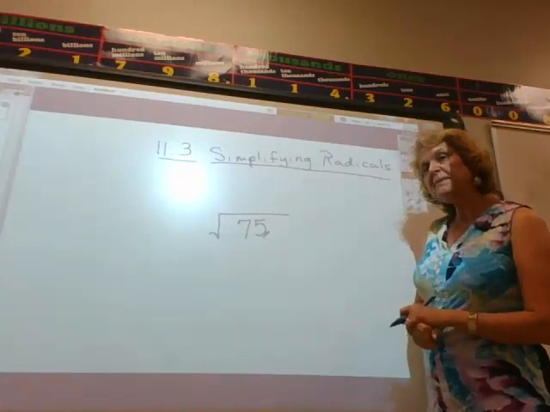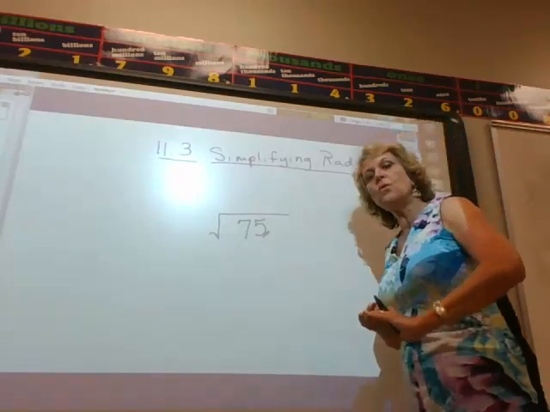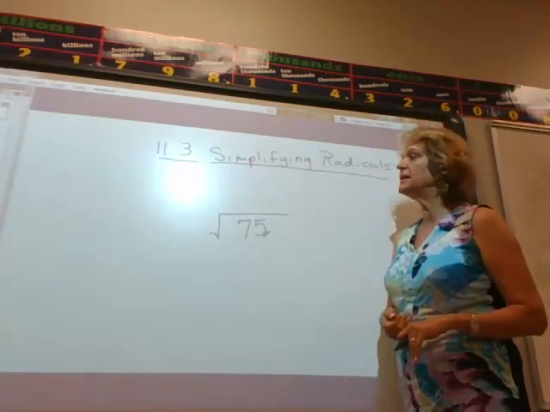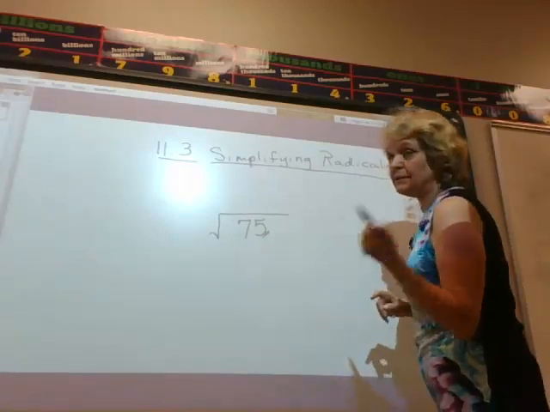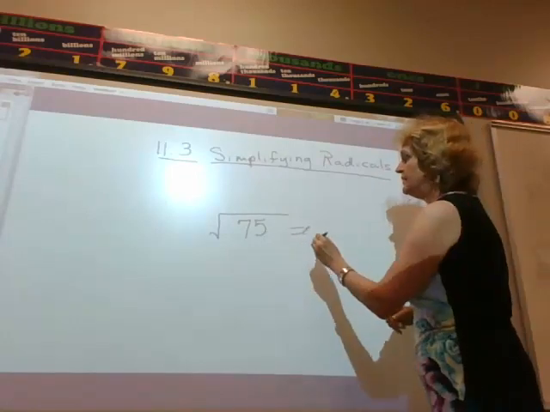So a long time ago when I made you memorize the perfect squares like 1, 4, 9, 16, 25, 36, and so on, I had a reason, okay? Many reasons, but one of them was I knew you would have to learn how to simplify radicals.